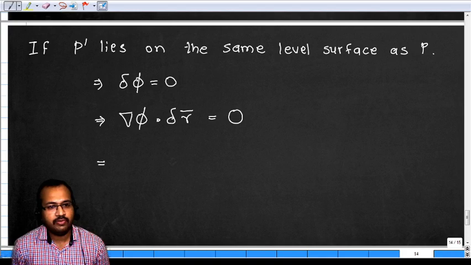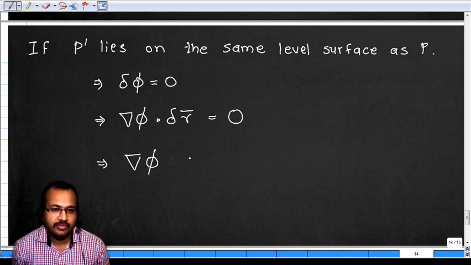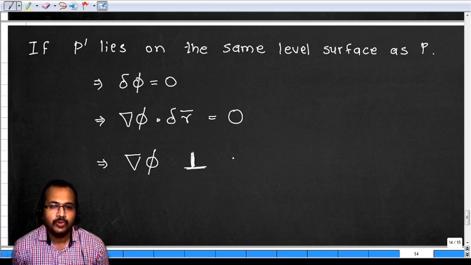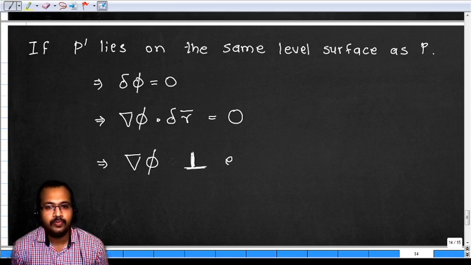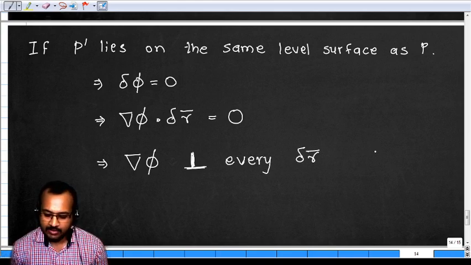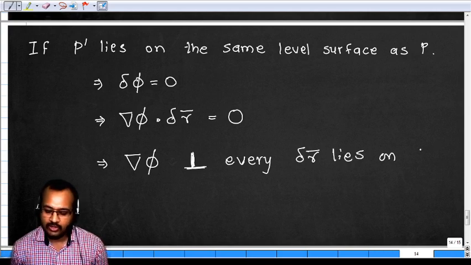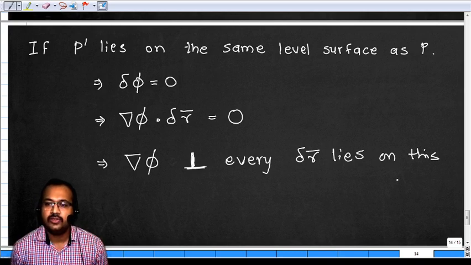So if this value is equal to 0, this implies your del phi will be perpendicular to the level surface, to every delta r bar which lies on the level surface, on this surface.